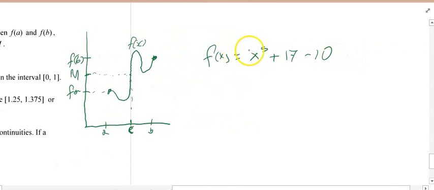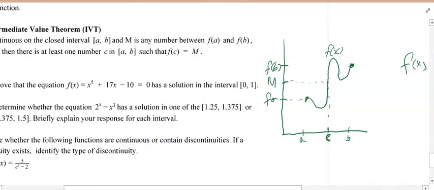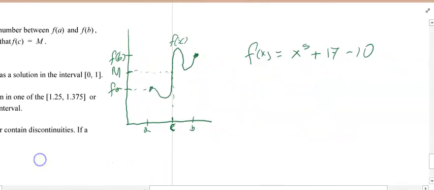So x to the 5th power plus 17x minus 10 equals 0. It has a 0, right?